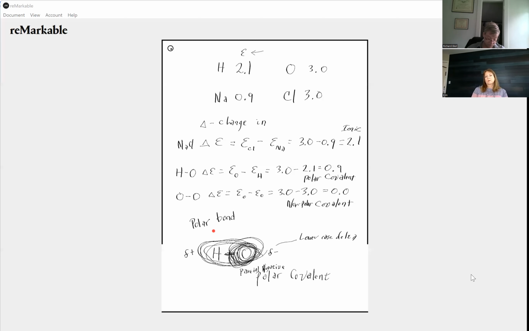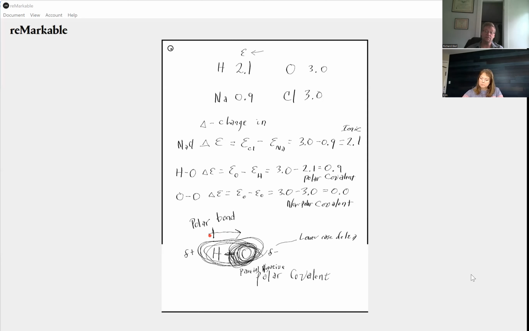And we denote polar bonds with this symbol. This means the same thing as the lowercase delta. That arrow tells us that this is a polar bond, and it tells us that the hydrogen is where the plus symbol is.